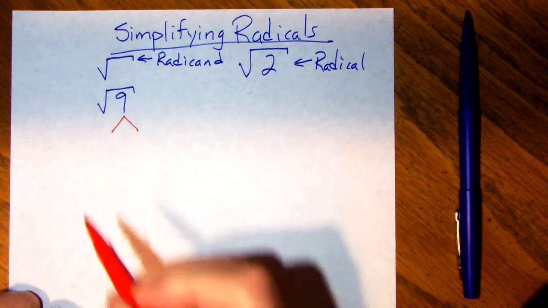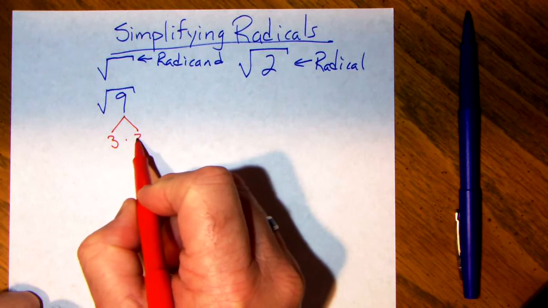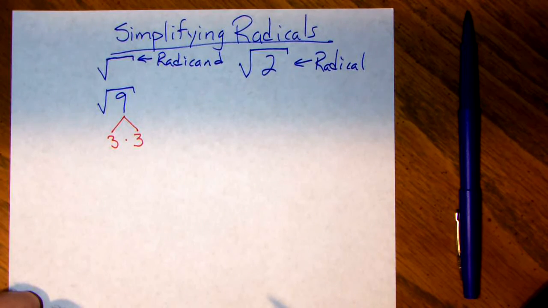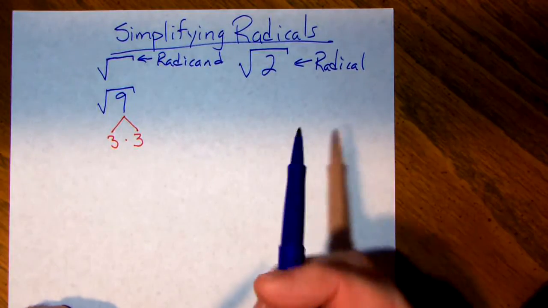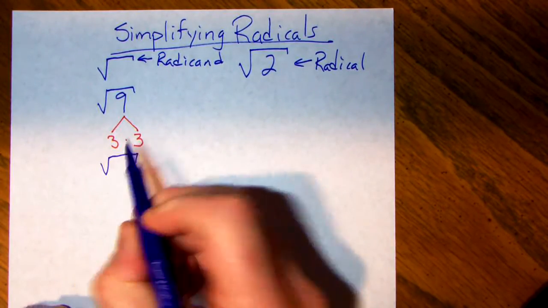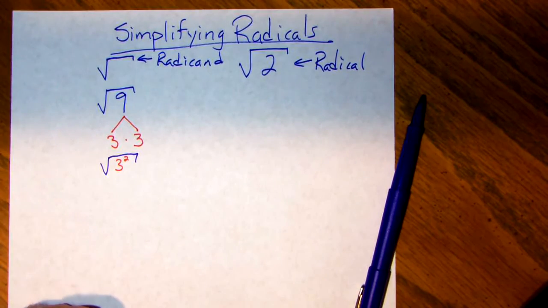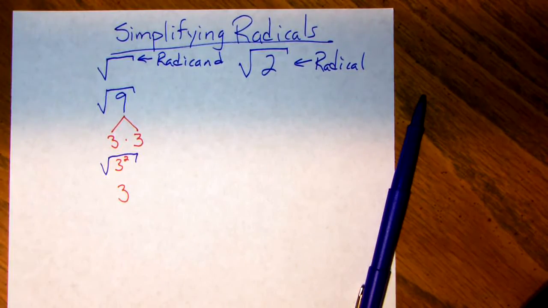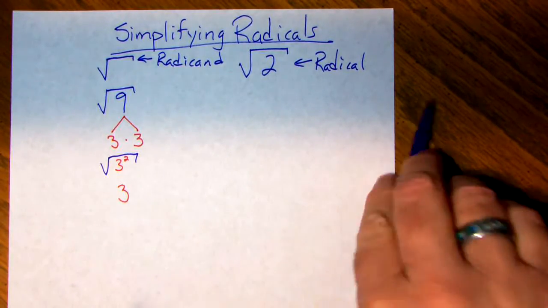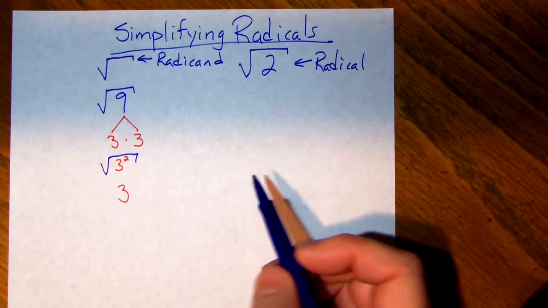We can take the 9, and we can figure out that the two prime factors of 9 are 3 and 3, which means we can reimagine the square root of 9 as the square root of 3 squared. And when you take the square root of something that's being squared, the output is the thing that was being squared. So that's the stuff that goes on behind the scenes in a square root problem.